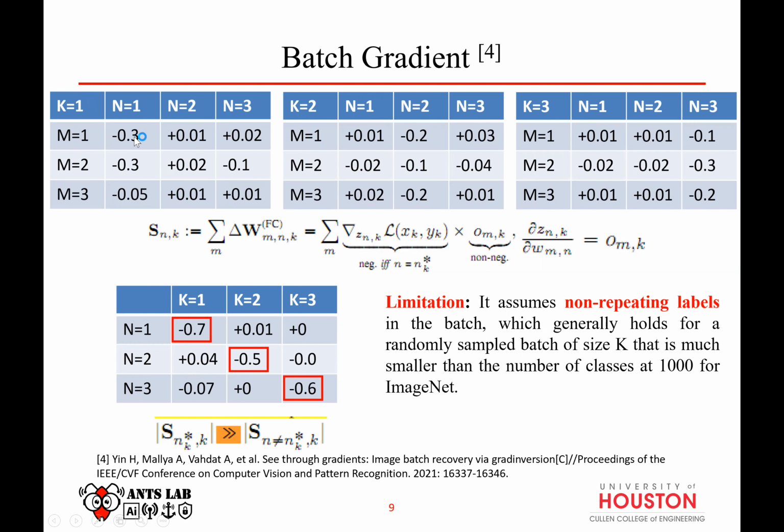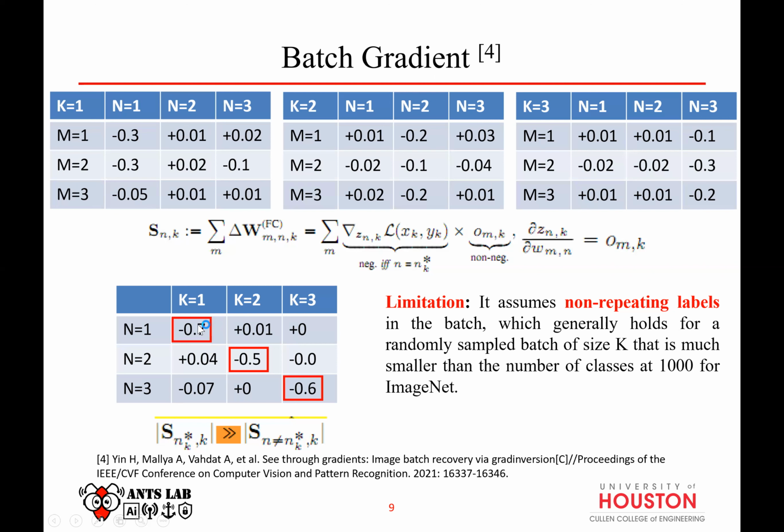We can see when we sum over the feature, the gradient shows that if the output is the real label, the gradient value is always negative.